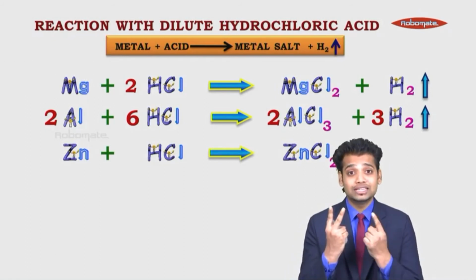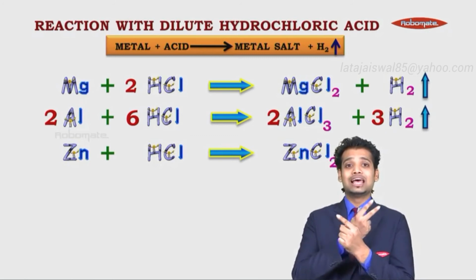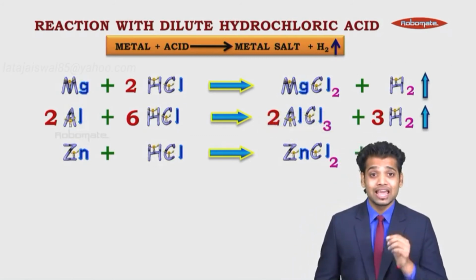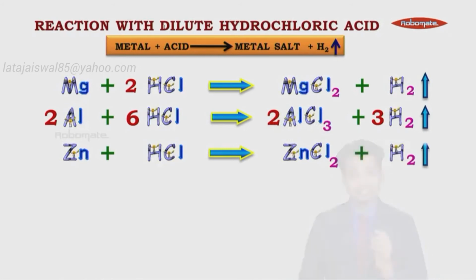It's 2. Cl valency is 1. Crisscross. ZnCl2 plus H2 gas. This H2 again is not going to catch fire. Let's balance the reaction. Zn is 1 on the left hand side, 1 on the right hand side. H is 1 on the left hand side, 2 on the right hand side, multiplied by 2. Cl becomes 2, Cl is already 2, the reaction is balanced.